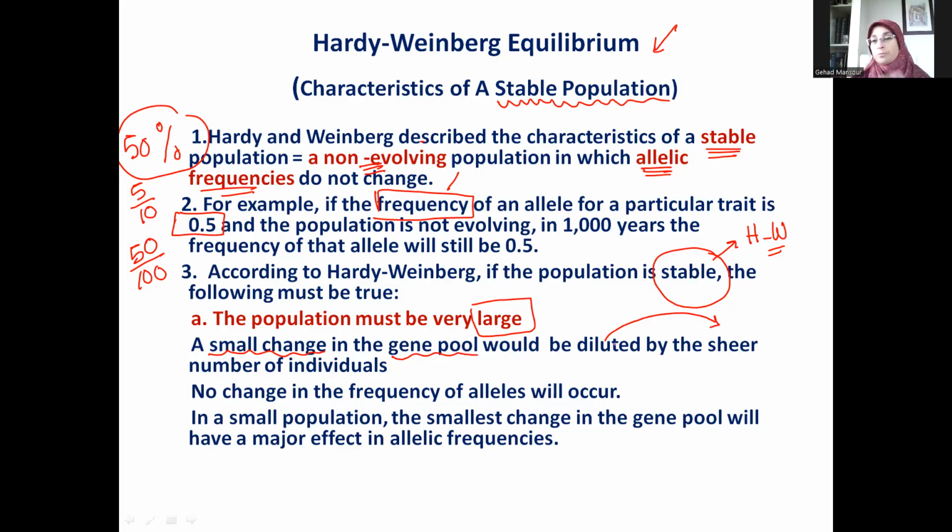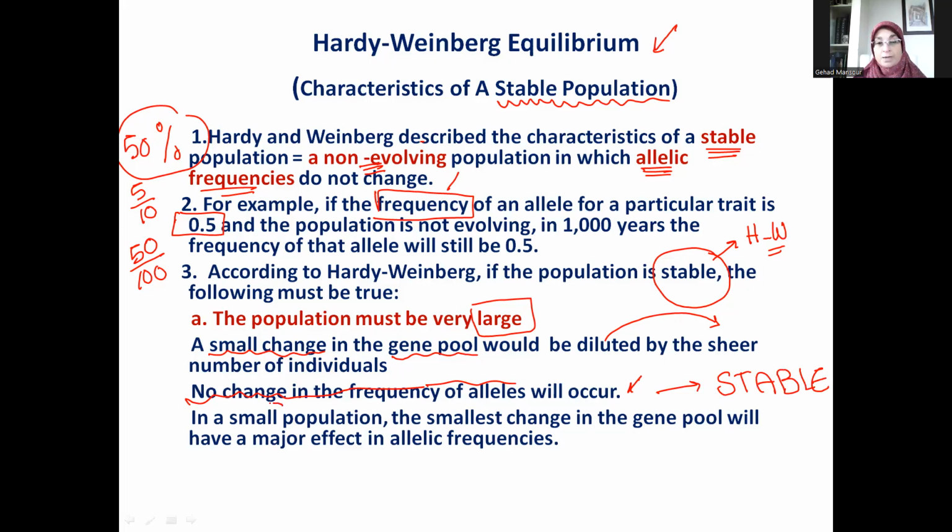We have a huge number of individuals. So even if a change occurs, that change will be diluted. And therefore, one of the major conditions is the population being large, in order to make sure that there will be no change in the frequency of the alleles, and therefore if there is no change in the frequency of alleles, the population would be stable.